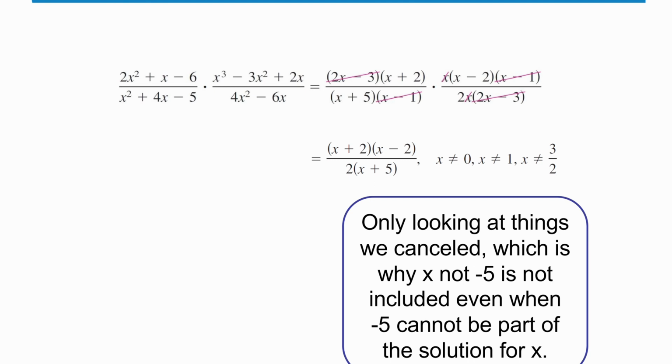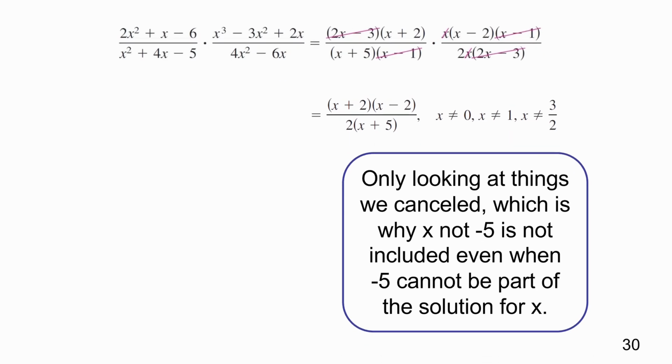Okay, so this is saying what I just said right here. So here, even though we know that x can also not be negative 5, we haven't listed that because we haven't canceled that part out. So we've only listed here the stuff that we got canceled out. So basically what we've done here is we've factored both of these, and then we've canceled stuff out.